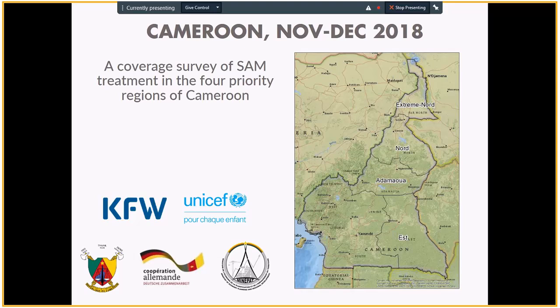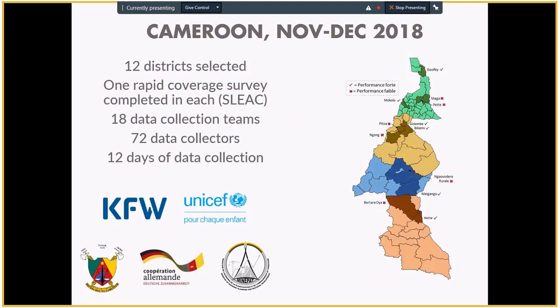So what I proposed was to do 12 SLEAC surveys across those 12 districts, the darker ones highlighted there. I won't go into how I selected them now, because we haven't got time. But suffice to say that they represented a range of contexts. So some had good performance data, some had weaker performance data, and so on.